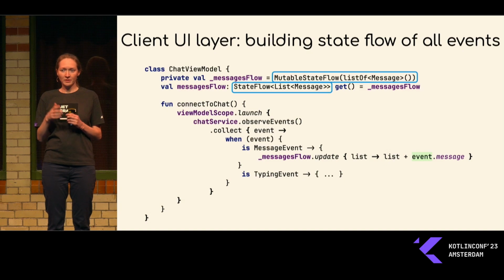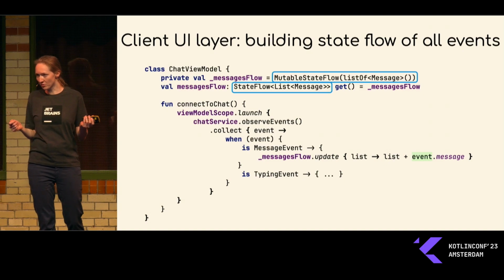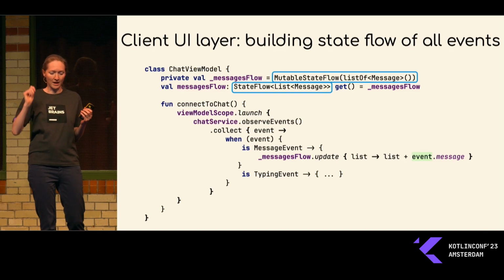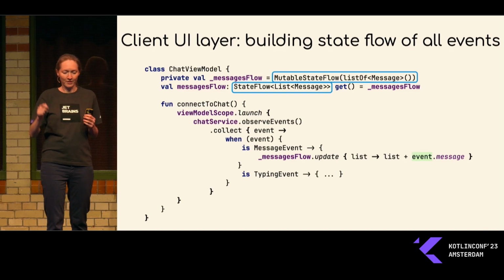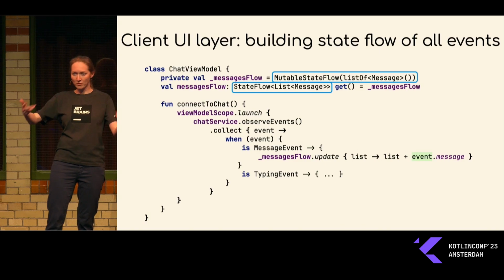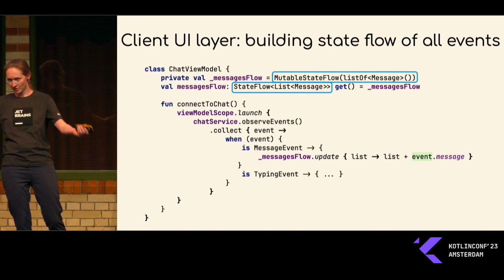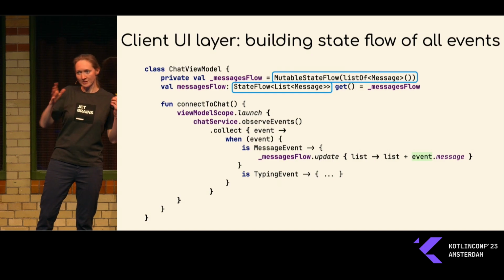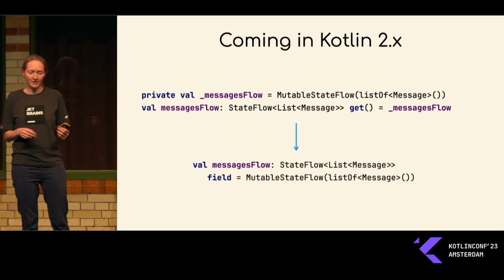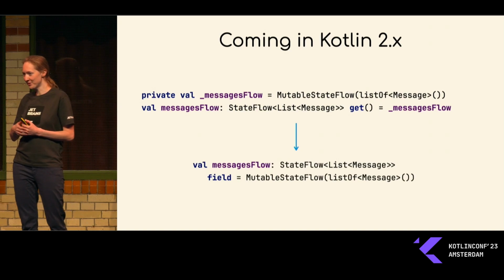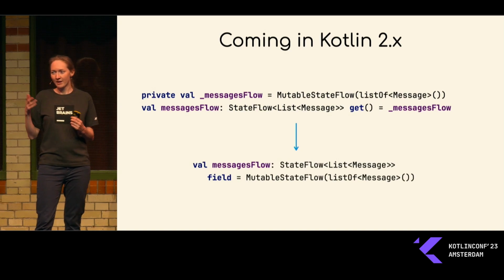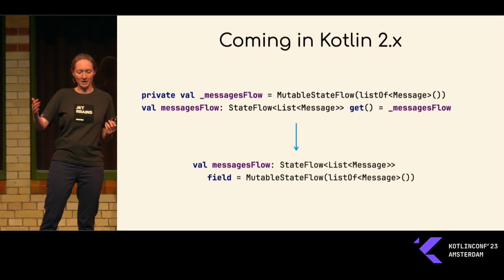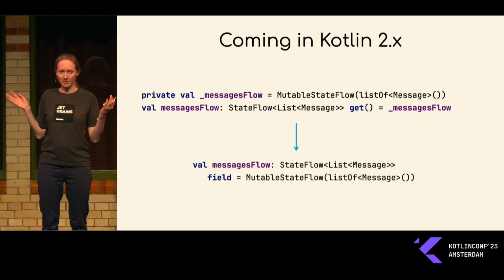You see this pattern. It's also very commonly used when we define our message flow as a private mutable state flow of a list of messages and expose it to the compose code from the class as a read-only state flow. And as Roman shared with us in the keynote, later in Kotlin 2.something, we'll have a better syntax for it, probably something like this, probably something else.